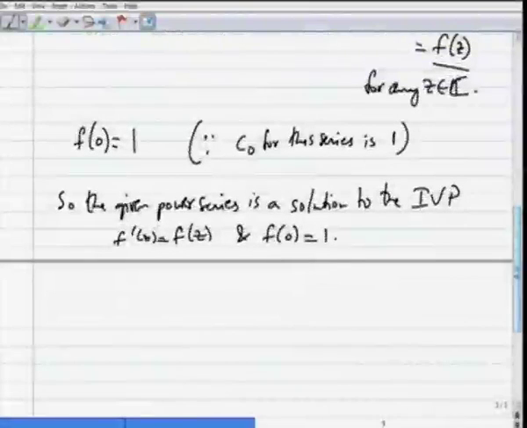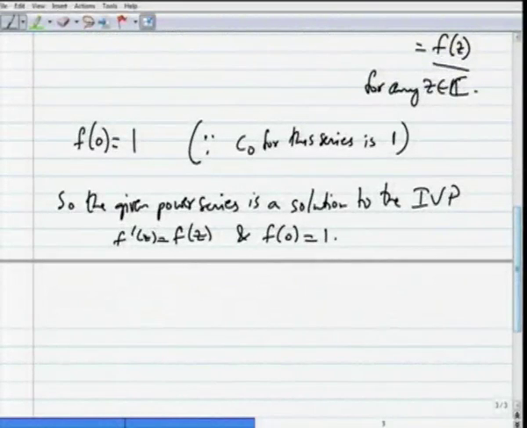By the existence and uniqueness of solutions to differential equations, we know that the solution to this IVP has to be unique.